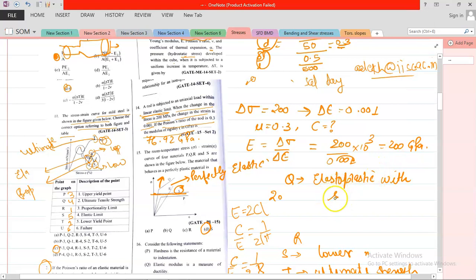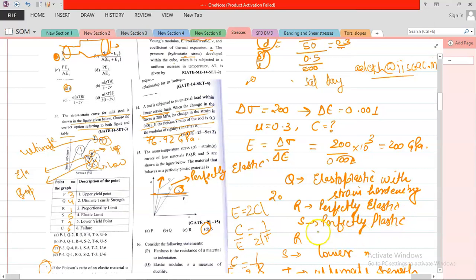Okay, strain hardening. Your R is perfectly elastic, sorry. Your S is perfectly plastic, and your P is elastoplastic.